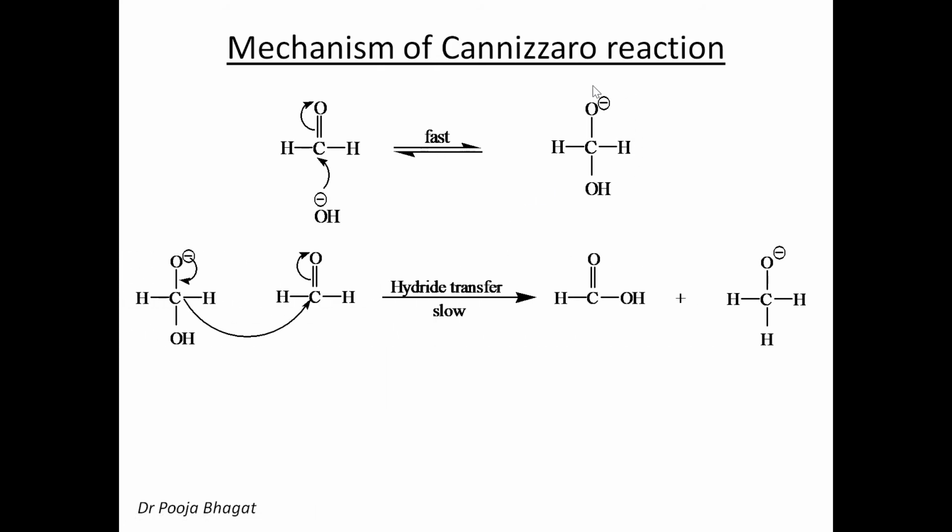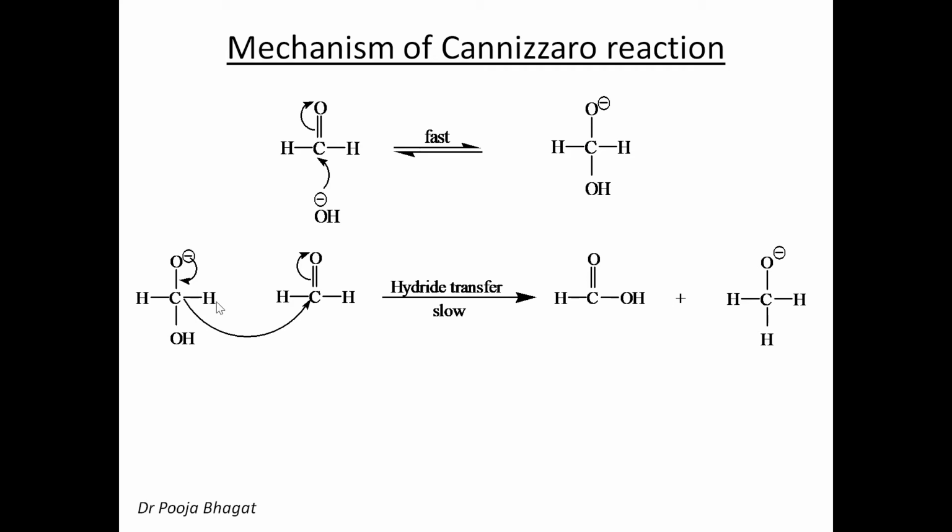In the next step, this ion formed has the negative charge on the oxygen. The pi bond comes back between carbon and oxygen, and therefore this hydrogen goes out as H negative. It will take the bond along with it. Bond means 2 electrons, that means a hydride ion.